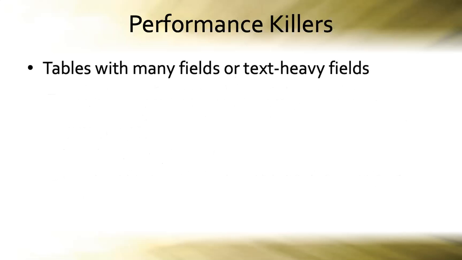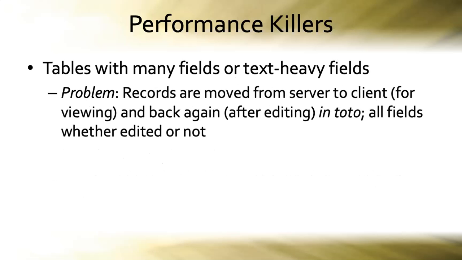The second performance killer: tables with many fields or with text-heavy fields. The problem here is that records are moved from FileMaker server to the client's device for viewing and back again to the server after editing in toto. That is, all the fields have to come down for any given record, whether those fields were edited or not, viewed or not.